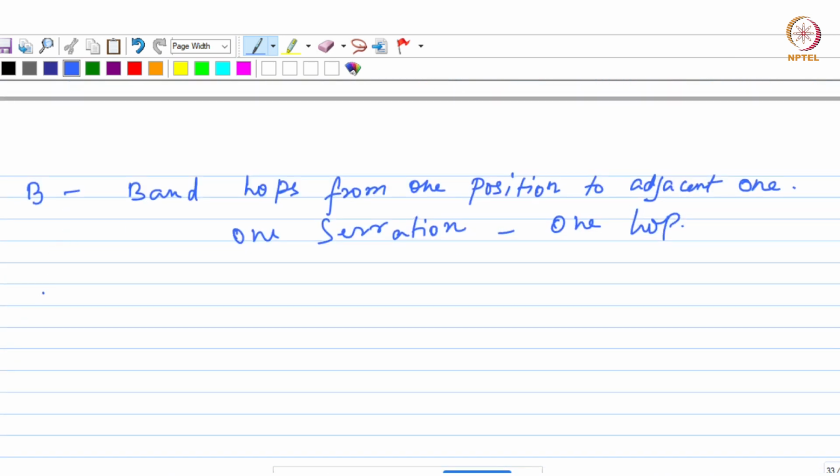And in case of type C, there is no propagation as such. Rather, the band nucleates randomly on the specimen surface.